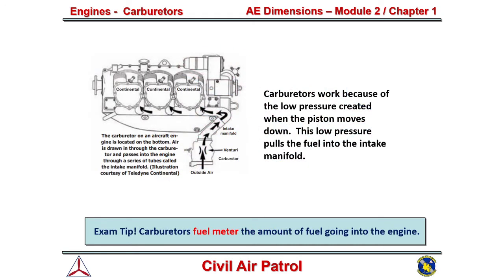All right. Next thing we want to look at is this carburetor. A carburetor is basically a device that mixes the air and the fuel together. We actually have another picture here in a second showing it a little bit better. The way that it works is that when that piston moves down on the stroke, it causes low pressure.